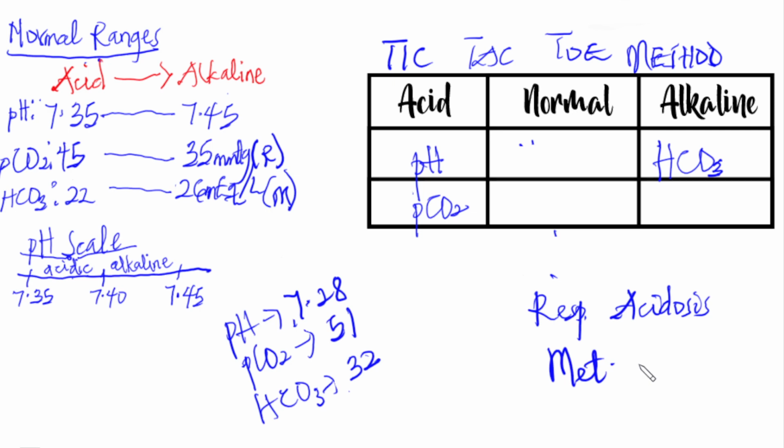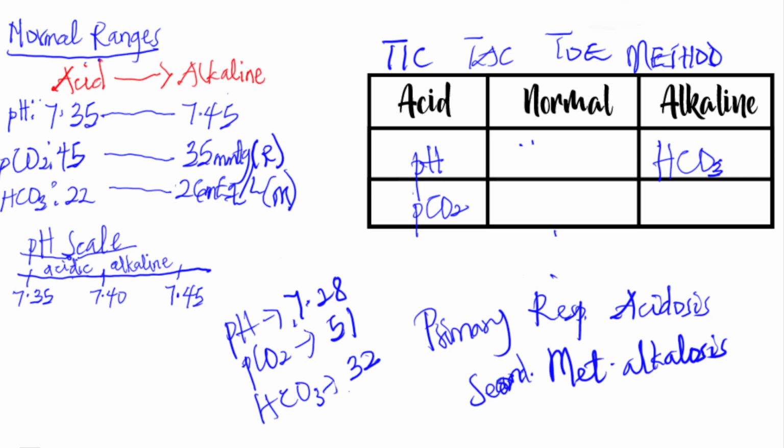Metabolic alkalosis. But I told you the primary situation is the column which is fully filled. So we are dealing with primary respiratory acidosis with a secondary metabolic alkalosis.